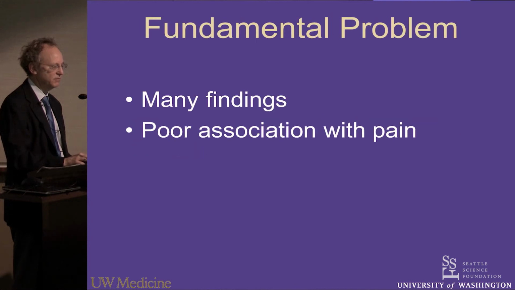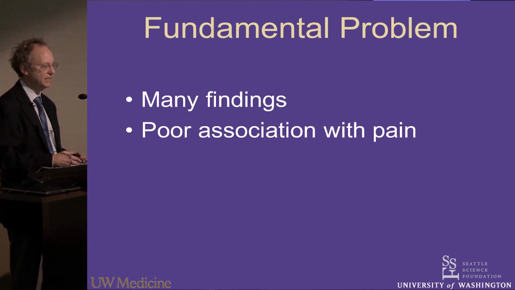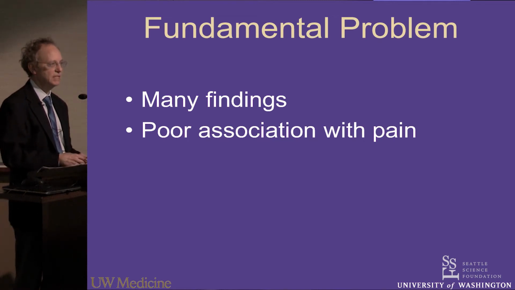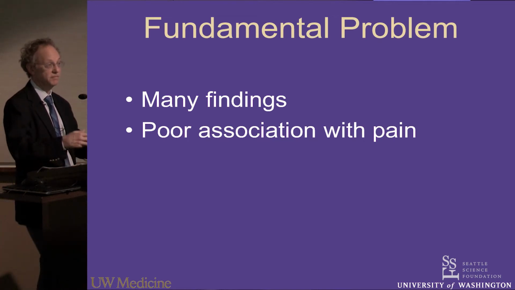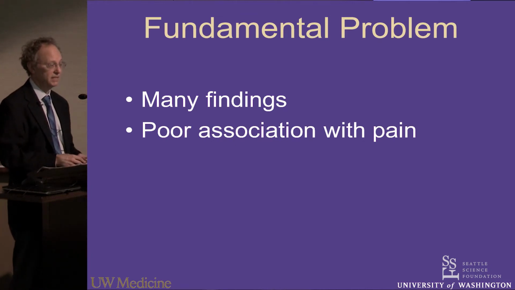Okay, so, spectrum of normal. Clearly an issue that we face in the spine is that whenever you image anyone over the age of, pick an age, 20, 30, you'll find something. And the problem is that many of the things that we see are not associated with what's causing somebody's pain.